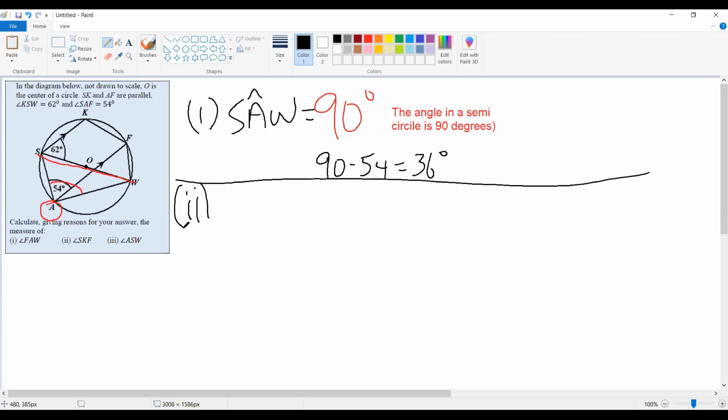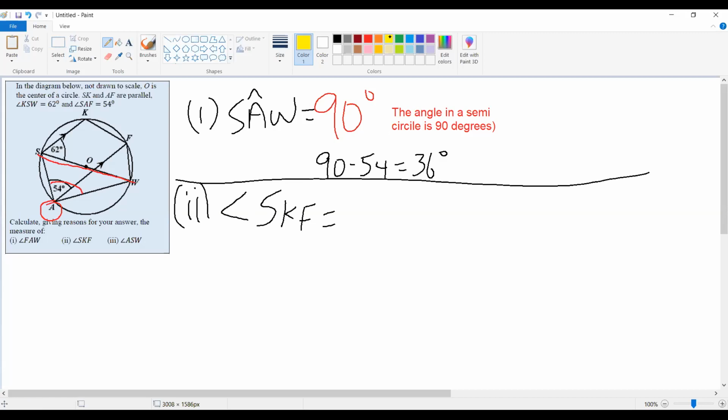Next one, we are asked to calculate angle SKF. All right? So as we can see, SKF, it's part of a quadrilateral.